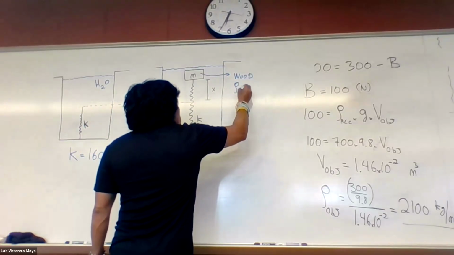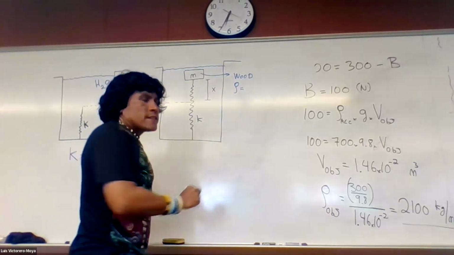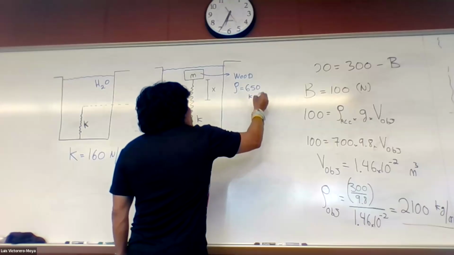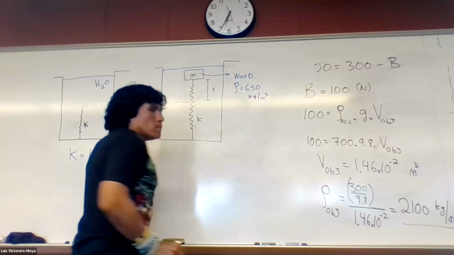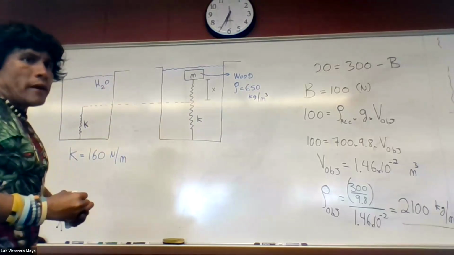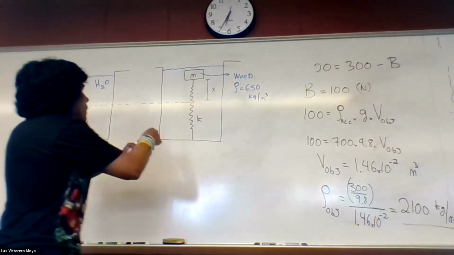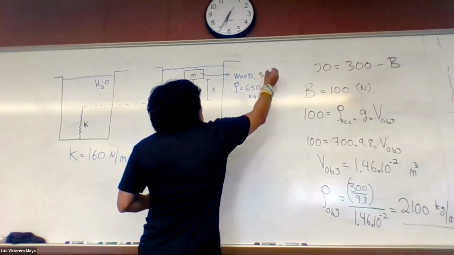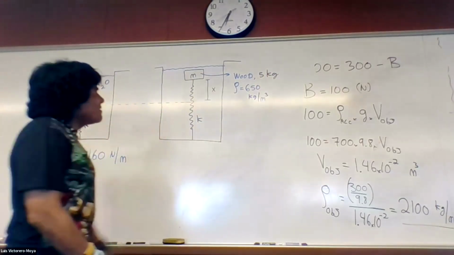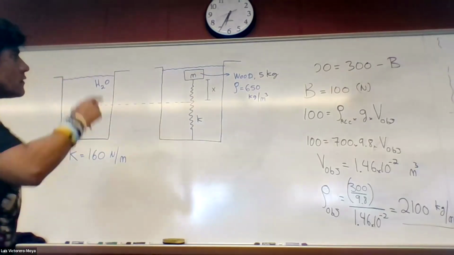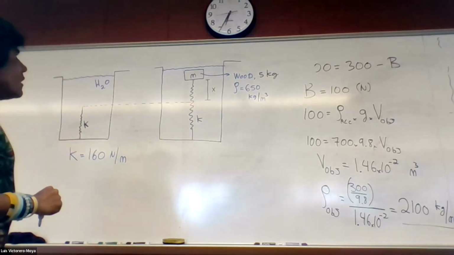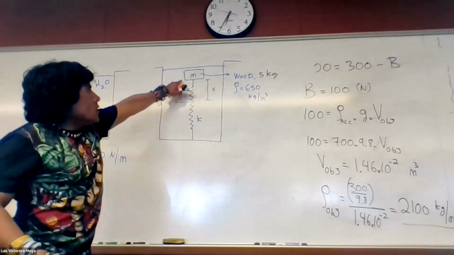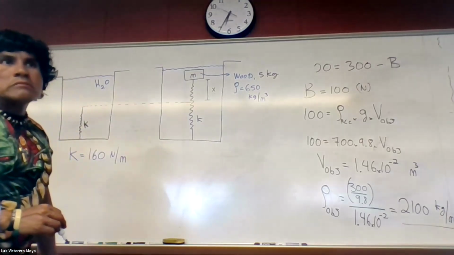With density of wood, 650 kilogram per meter cube. All right. And the mass is of 5 kilograms. Do you need that? Yeah, you got the volume. All right, so you have the mass of wood, the density, and you want to know how much the spring was stretched due to that piece of wood.